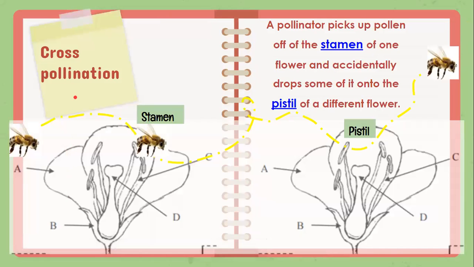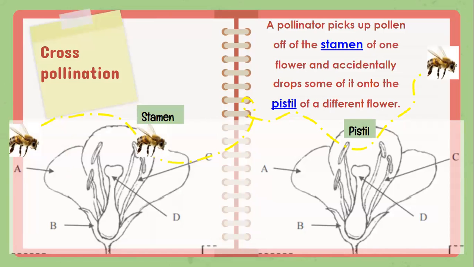Okay, so in cross pollination, a pollinator picks up pollen from the stamen of one flower and accidentally drops some of it onto the pistil of a different flower.